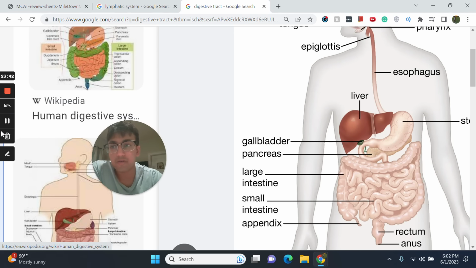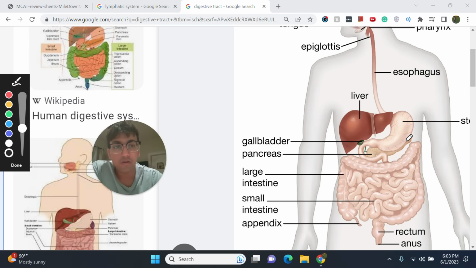Your pancreas is right over here, sort of deep to the stomach, right? And this pancreas is going to release pancreatic juice. And this duct over here, this part that goes into the duodenum from the gallbladder and the pancreas, is called the ampulla of Vater.